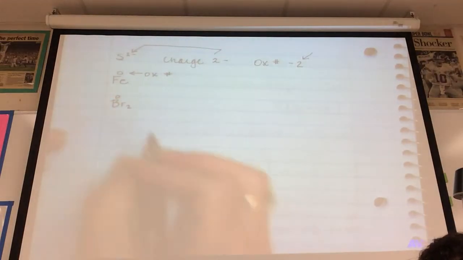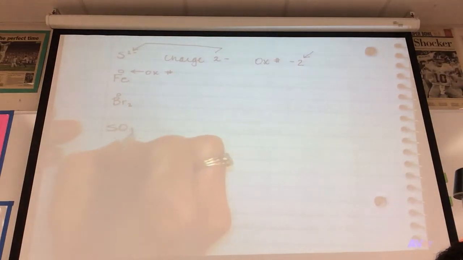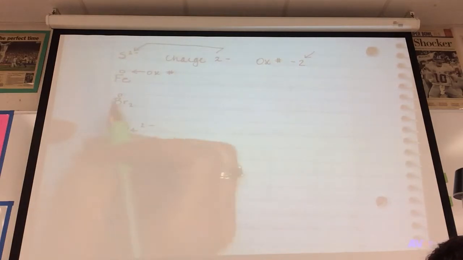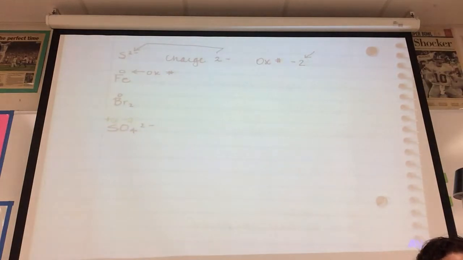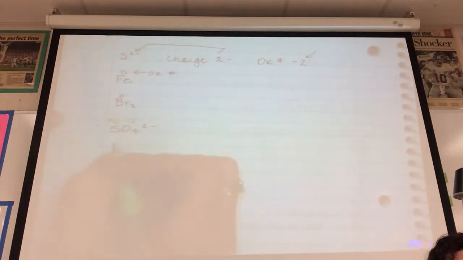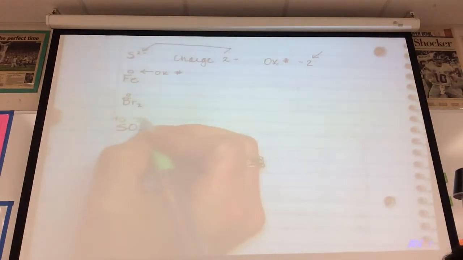If you have a polyatomic ion, such as a sulfate ion, I'm going to teach you how to determine the oxidation numbers in a few minutes, but you'll see that for the sulfate ion, sulfur's +6, oxygen's going to be -2, and I'll show you all the rules to determine that. So oxidation numbers are going to be plus or minus, then the number. So those are oxidation numbers.